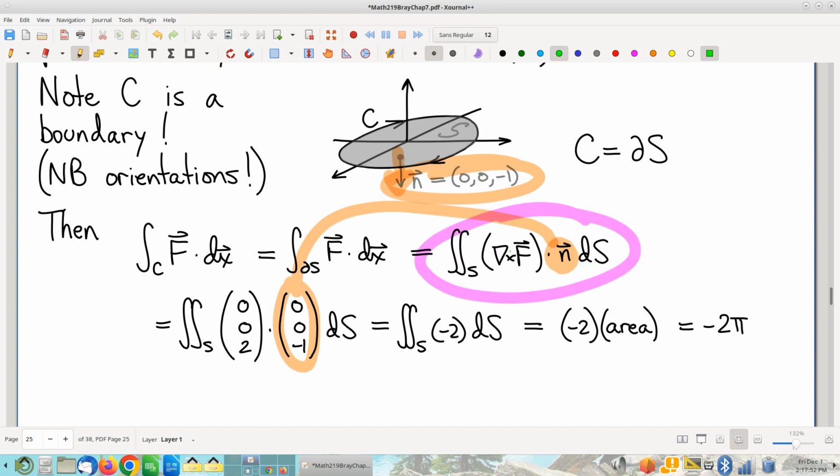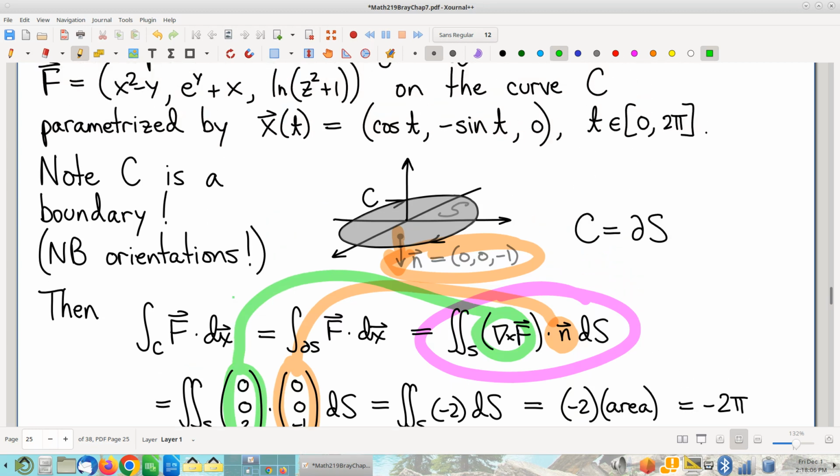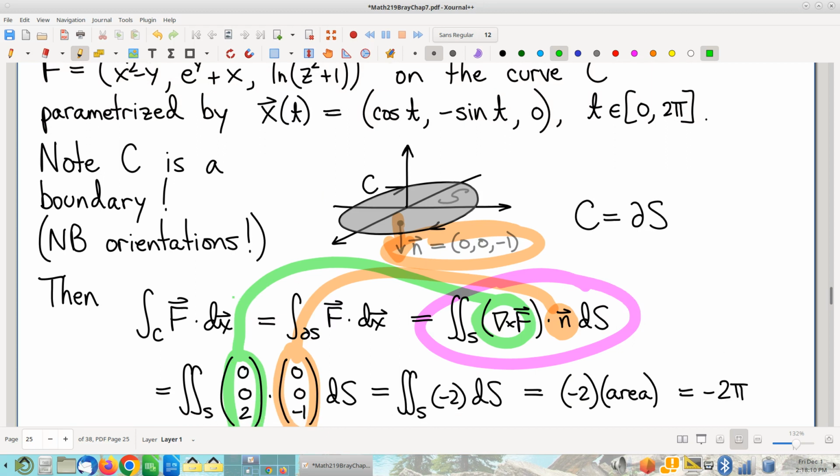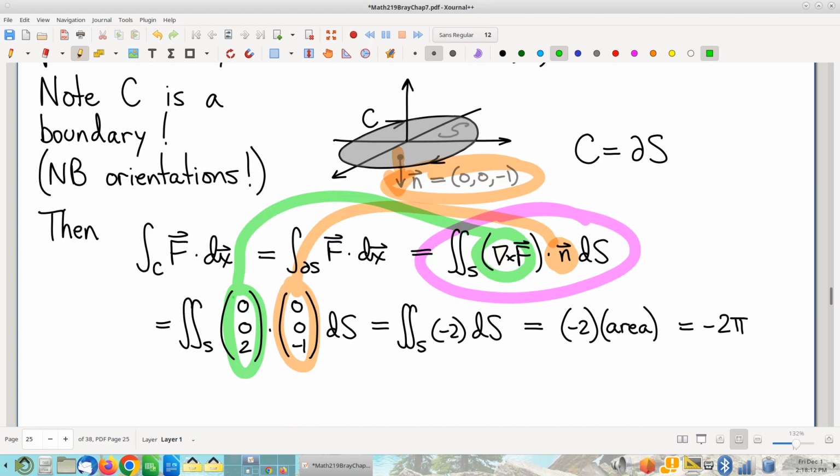Our curl is just a matter of plugging and chugging. By the way, make sure that you can actually compute the curl of a vector field. It's really important to be able to crank those out. The curl in this case, ugly though this vector field was, the vector field's kind of nasty, the curl is 0, 0, 2. It's really nice.